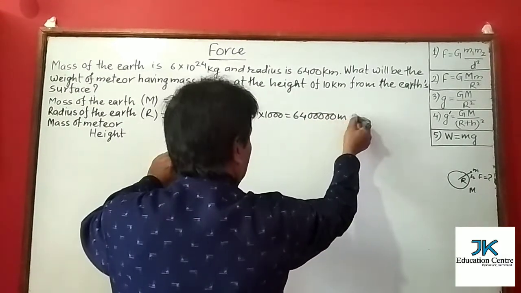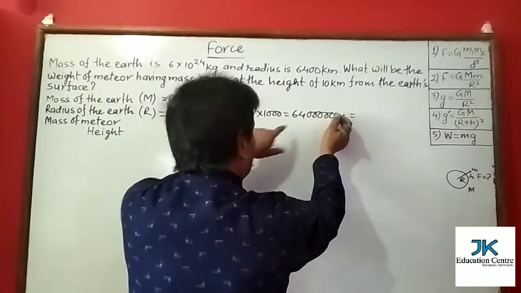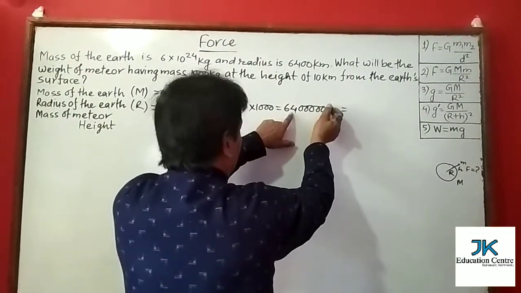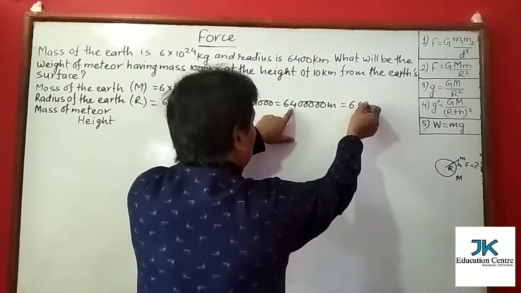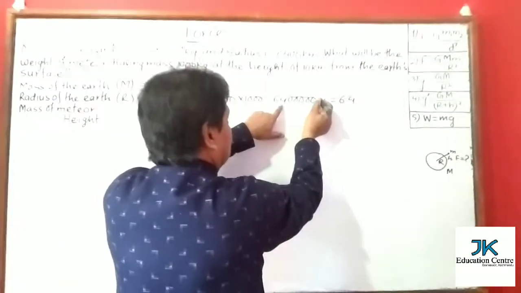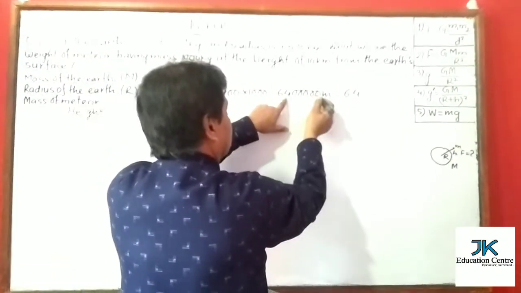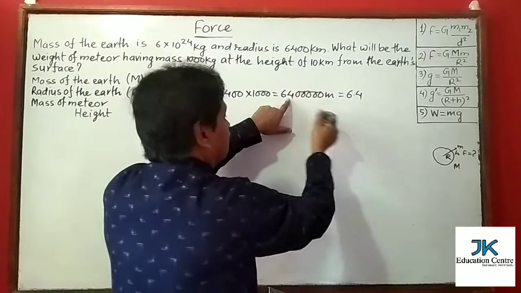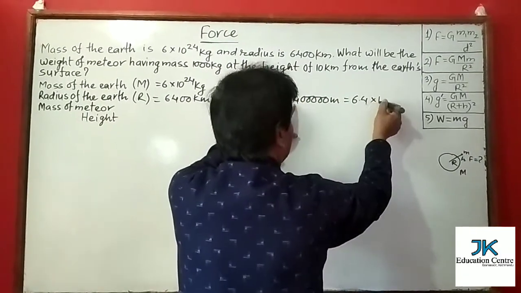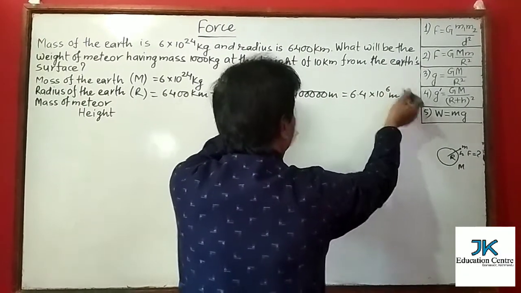This big number should be converted to a power of 10. 6.4, the point is taken from this place to this place, 1 2 3 4 5 6 digits to the left-hand side. That's why 10 to the power 6 meter.